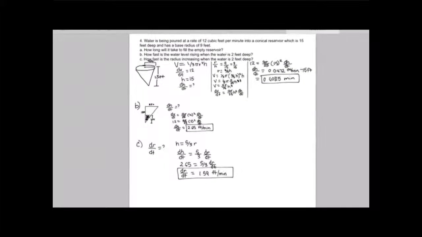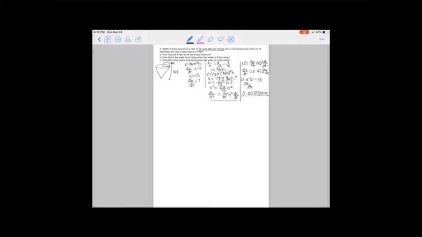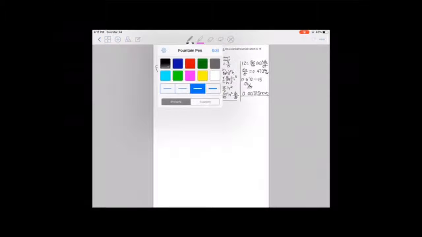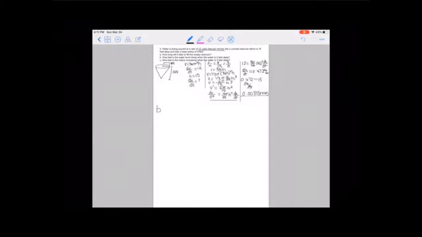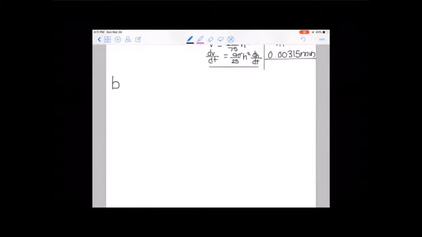So in part B, it asks, how fast is the water level rising when the water is 2 feet deep? Now, what we can do is find dH over dt, as that's the rate we're trying to find, and draw a diagram, which can be represented by a downwards right triangle.